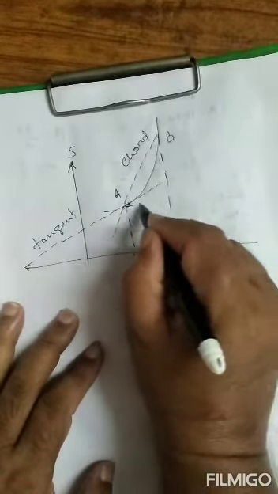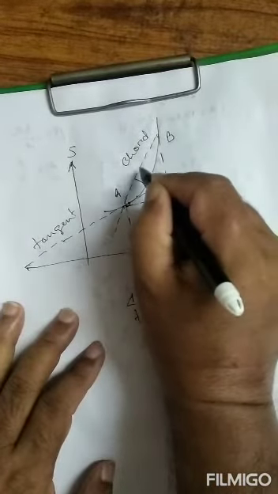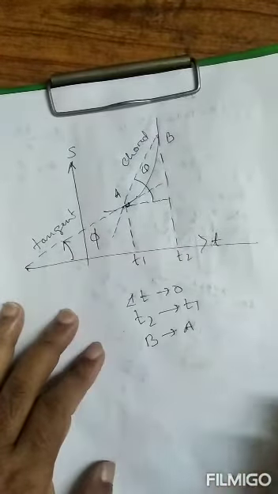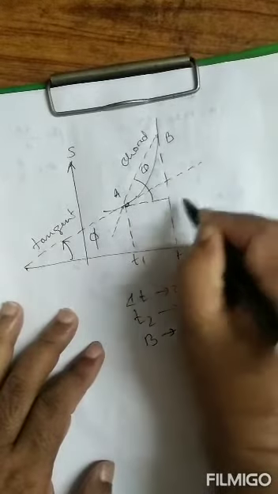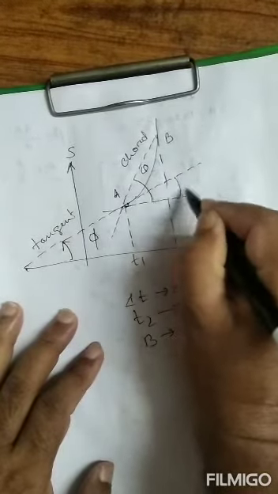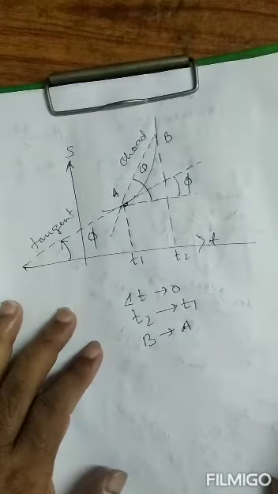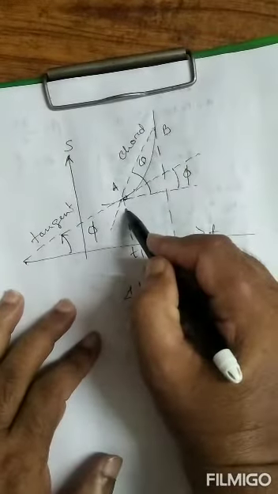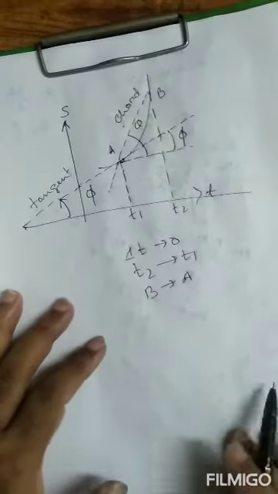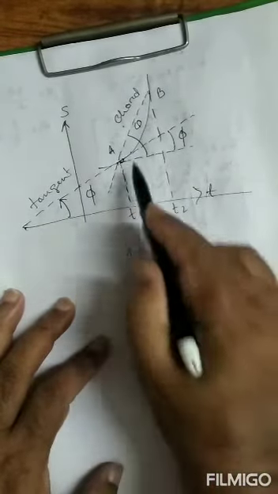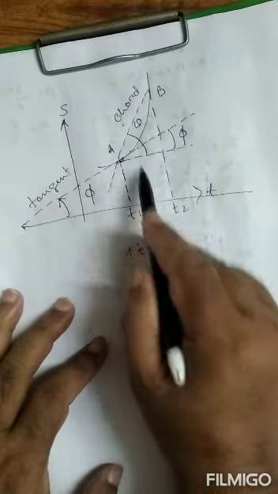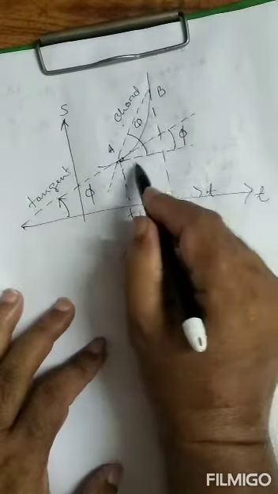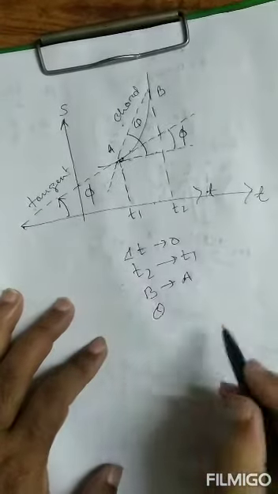Then what is the initial angle? So this was the initial angle. This angle now changes to angle phi. Definitely in my situation, the angle decreases. Initially angle is theta, now angle is phi. That means when delta t tends to 0, B comes very close to A, the chord AB becomes tangent at A, therefore the angle theta, which initially makes by the chord with time axis or with a line which is parallel to time axis, becomes phi.